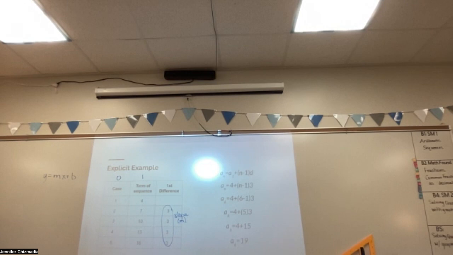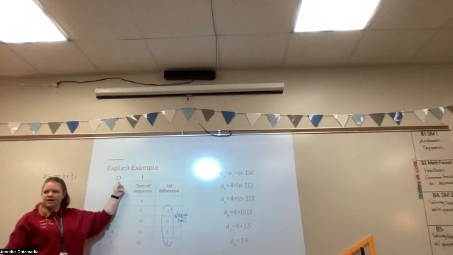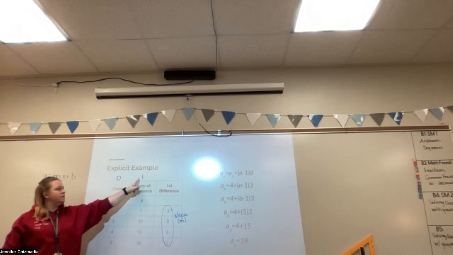Hey, that makes sense. I actually can see this. It does make sense. So you can plug that in. And what is our y-intercept? It's whatever comes out when we put in 0.